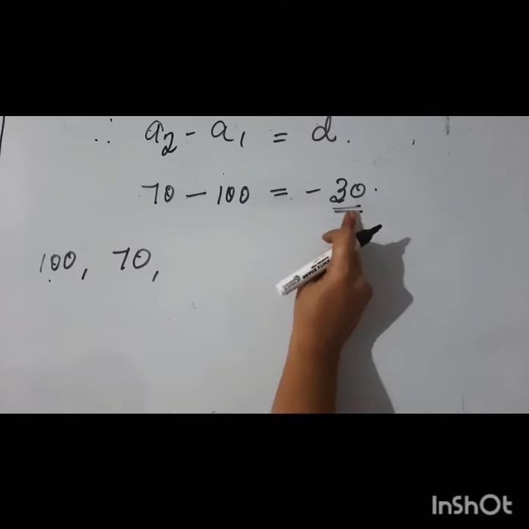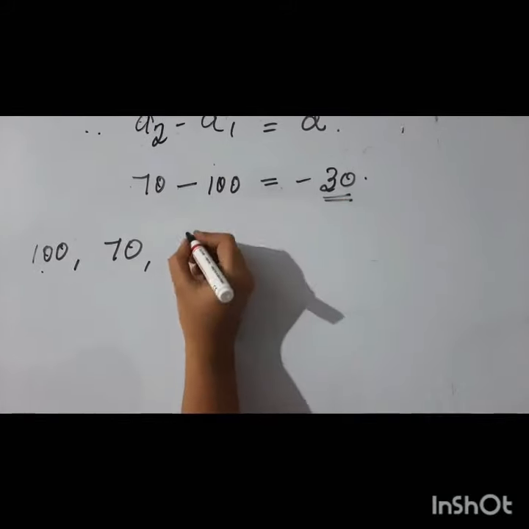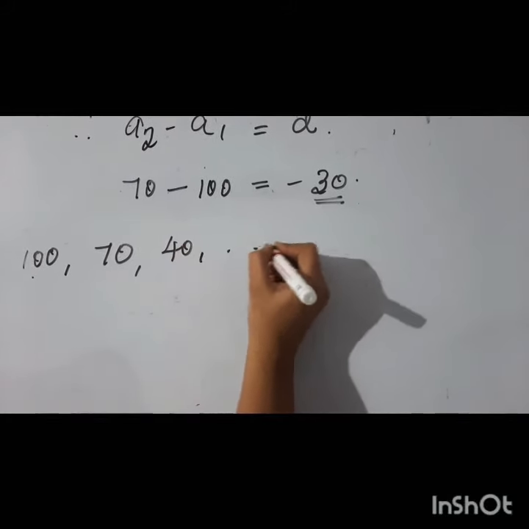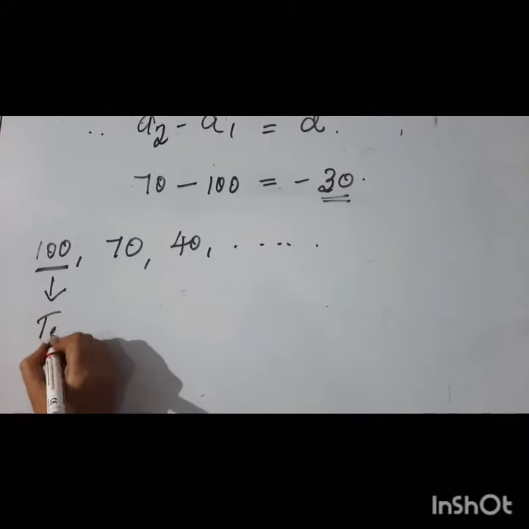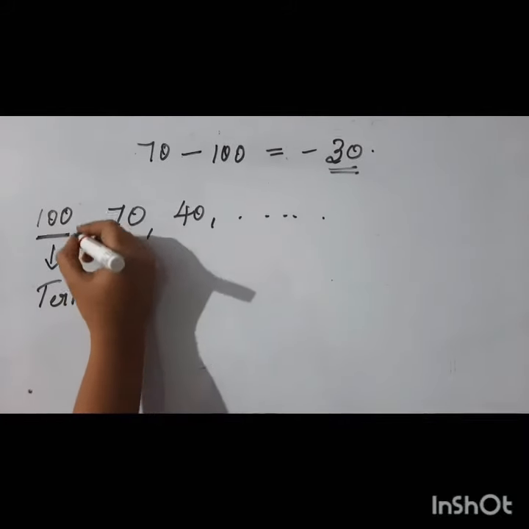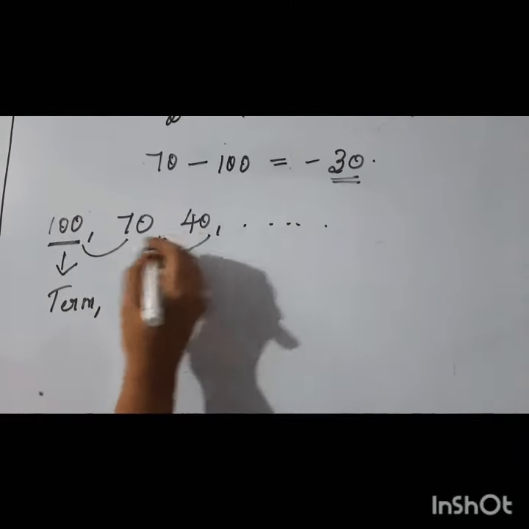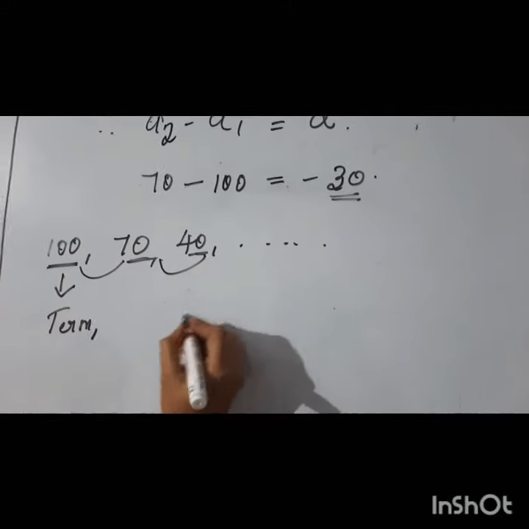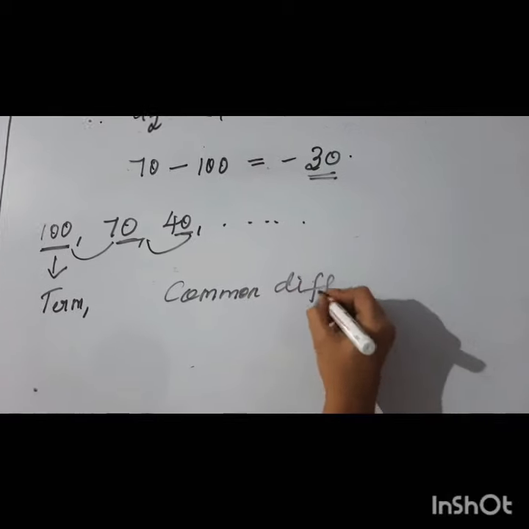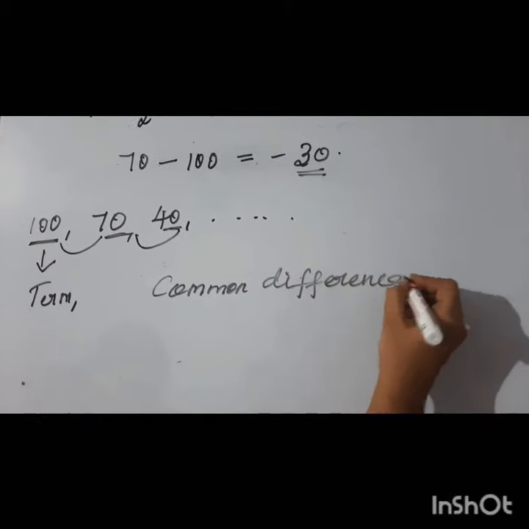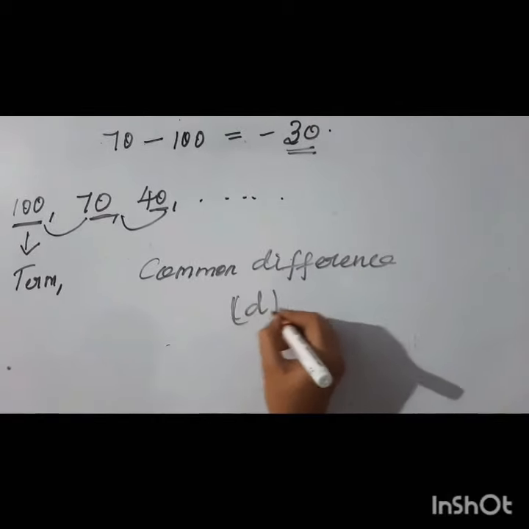Again from 70, if you subtract 30, you get your third term 40, and so on. Each number in the AP is called a term, and the common number which is added to every term is called the common difference. That is represented by D.